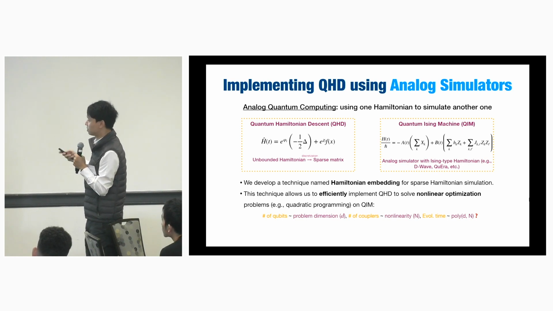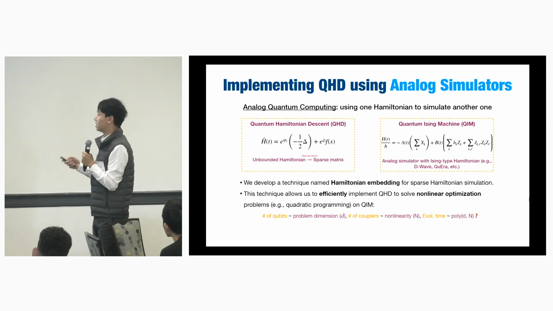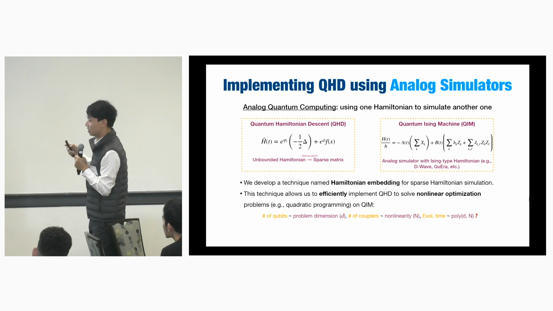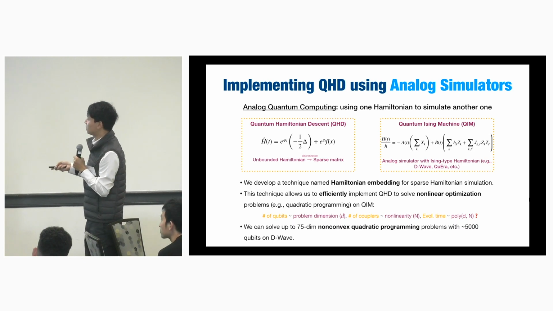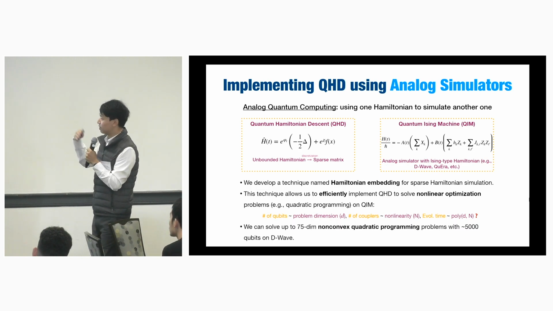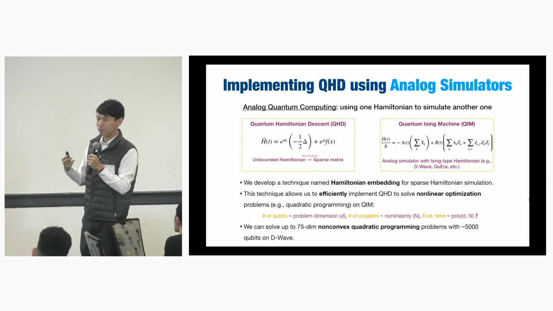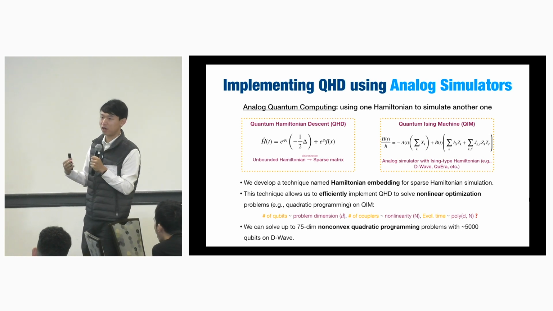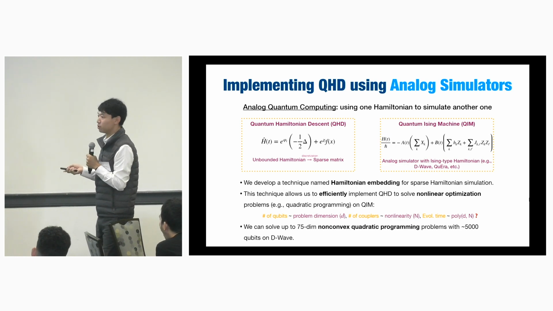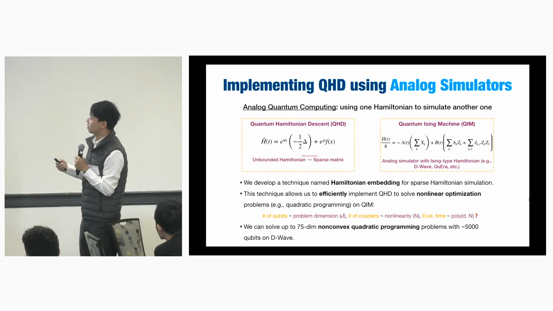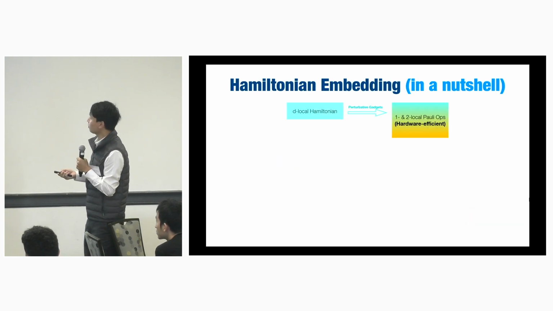Evolution time seems to be polynomial in dimension and the couplers, but we do need better theoretical understanding for this whole process. And using this whole pipeline, we're able to solve some 75-dimensional nonconvex quadratic programming problems using existing quantum hardware, that is D-Wave, and we use over 5,000 physical qubits to accomplish this whole solution.